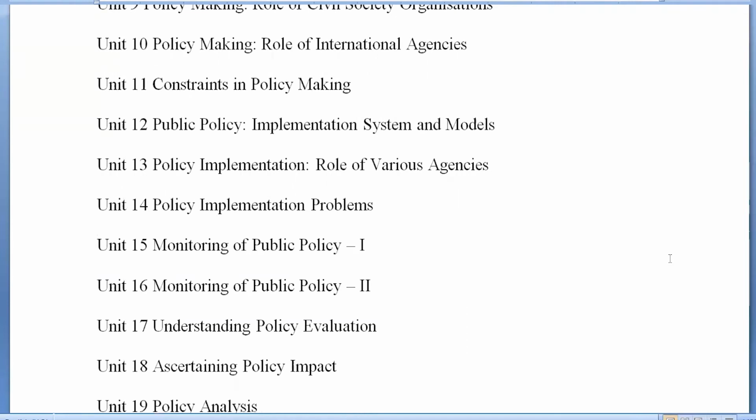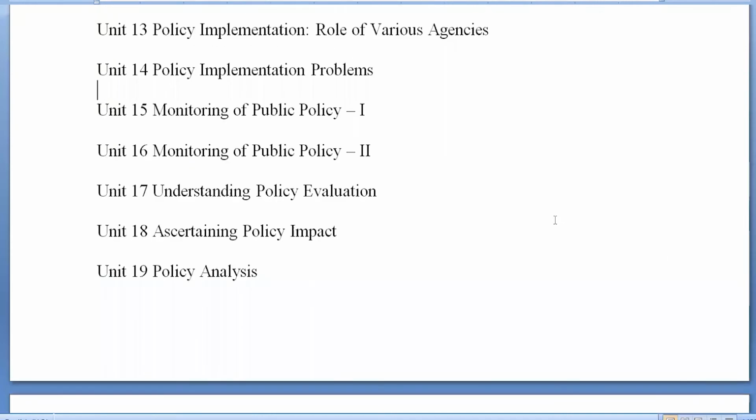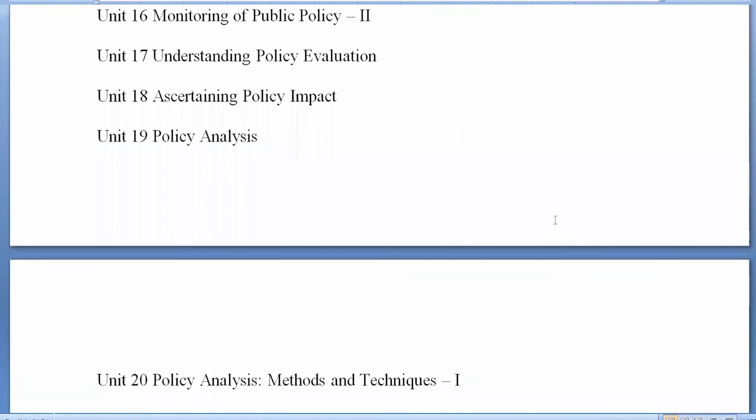Unit 15, monitoring of public policy, part 1. Unit 16, monitoring of public policy, part 2. Unit 17, understanding policy evaluation. Unit 18, ascertaining policy impact. Unit 19, policy analysis.